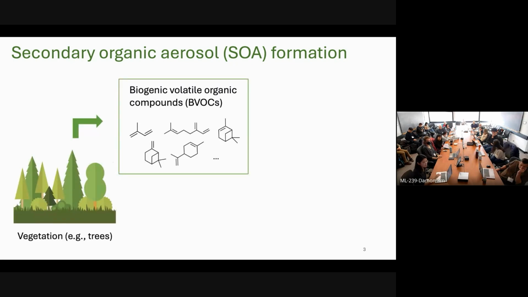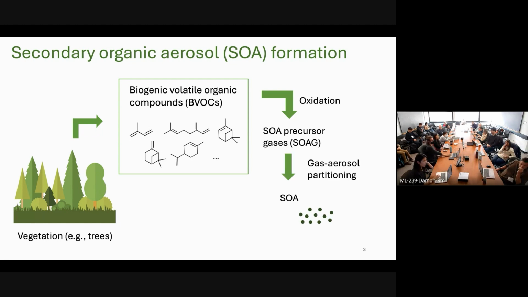Vegetation like trees and grasses emit biogenic VOCs into the atmosphere, and these VOCs get oxidized to form SOA precursor gases, or SOAG here. These precursor gases usually have relatively low volatility, so they can condense on pre-existing organic aerosols to form SOA.